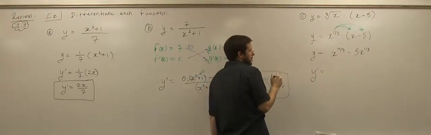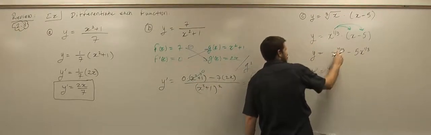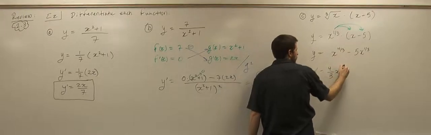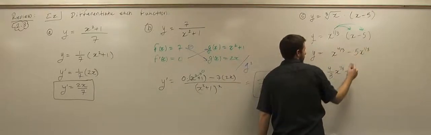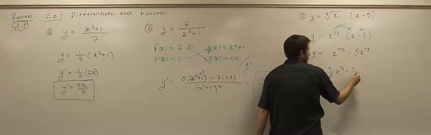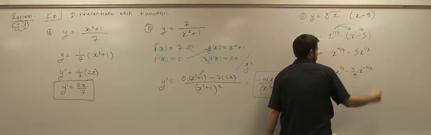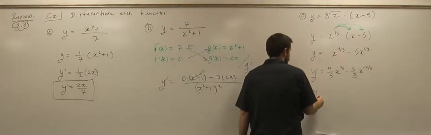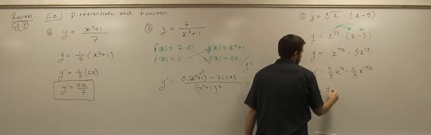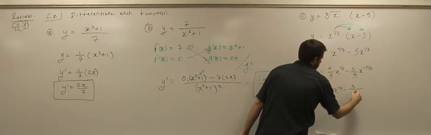So what do we get? 4/3 x to the, you have to subtract 1 from the power, so 1/3. Then 1/3 minus 1 is negative 2/3, times the 5, so 5/3 x to the negative 2/3. Or 4/3 x to the 1/3 minus 5 over 3x to the 2/3.